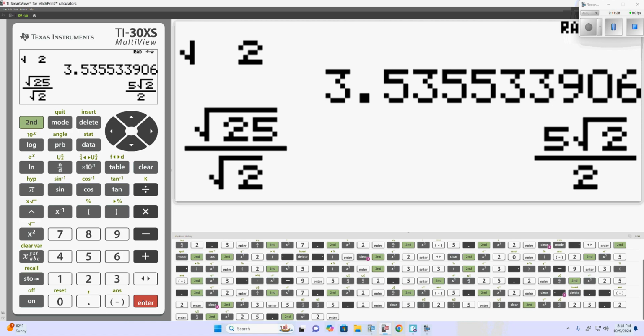Square root of 2 over 2. Now, the calculator will simplify fractions with radicals, but we've got to break it up and take the square root of the top over the square root of the bottom. That's the only way it'll simplify.